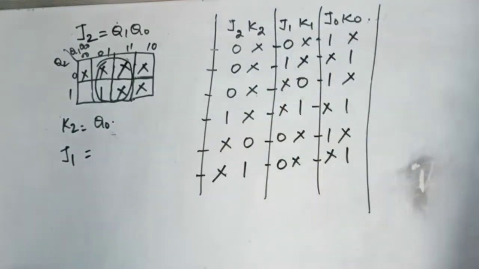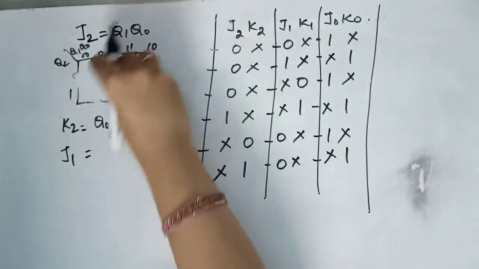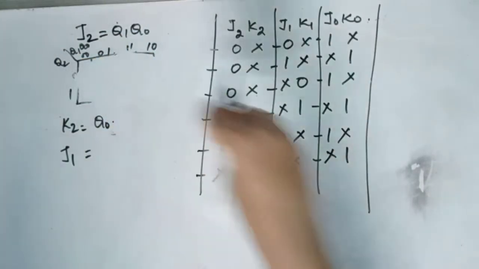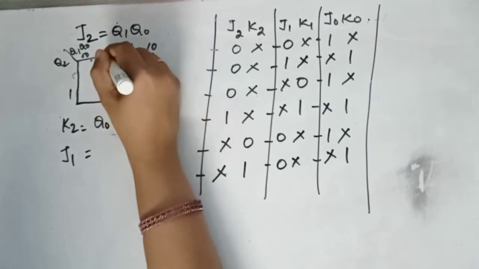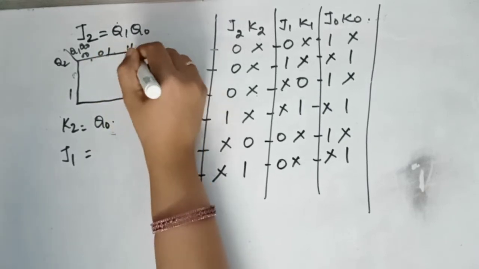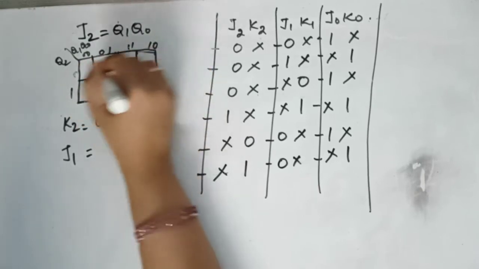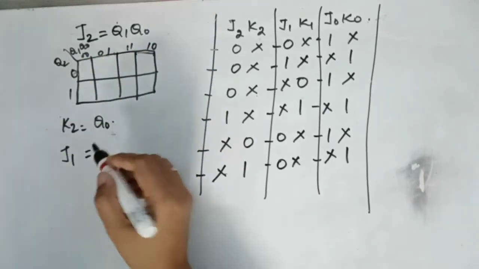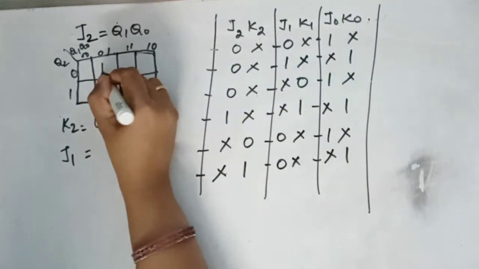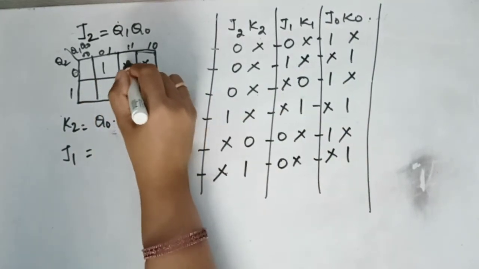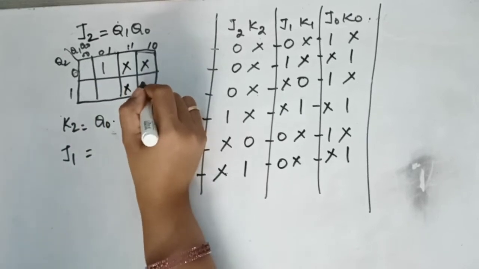For J1, you must draw separate K-maps. I am drawing like this only because of lack of space. So J1 0 1 2 3, then 6 and 7.